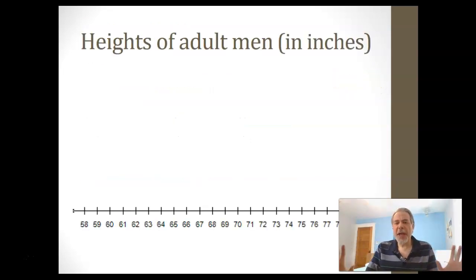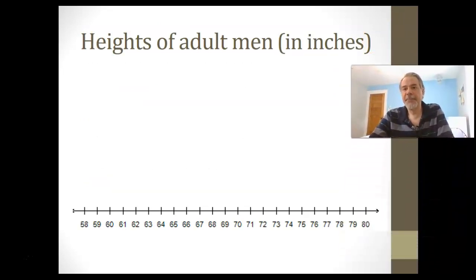So let's talk about heights of adult men as an example. Every man, his height is somewhere along a scale. It might be 72 inches. So one particular man might be exactly 72 inches tall, which means 6 feet, because each foot is 12 inches, so 6 times 12 is 72.